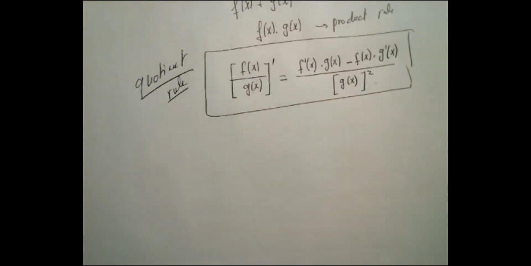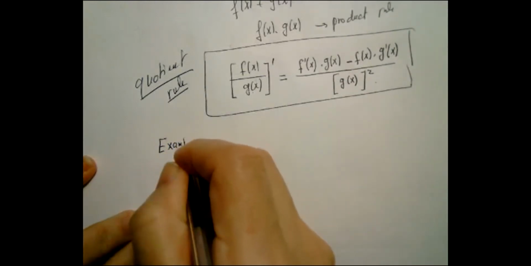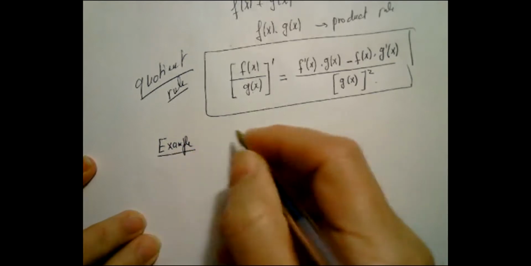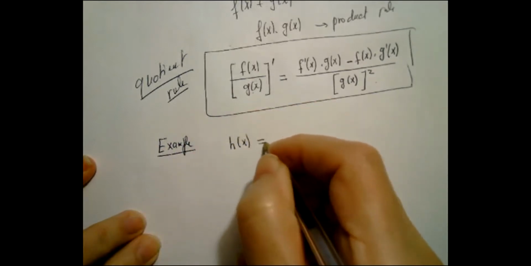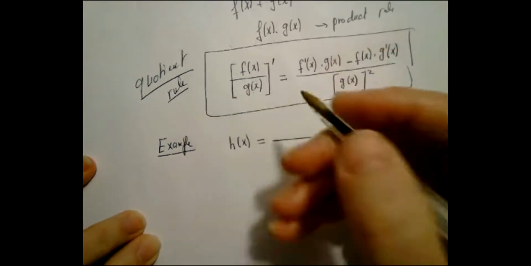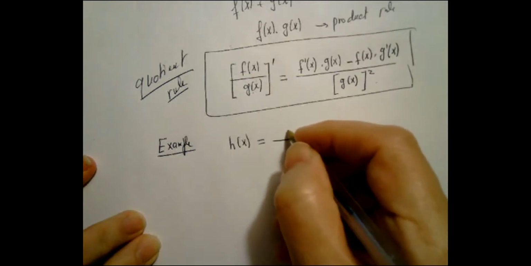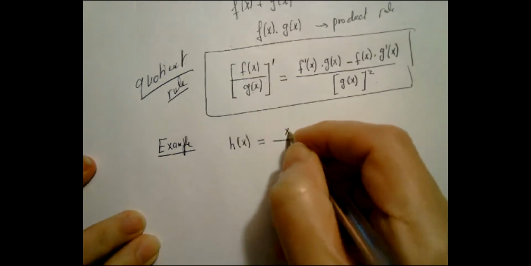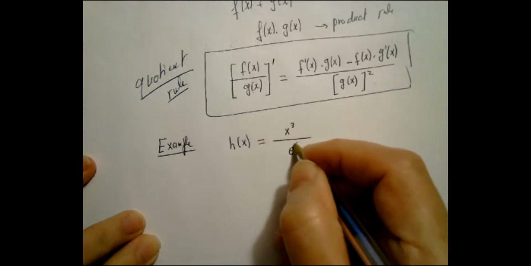We're going to apply it to one function. So for example, suppose I have a function, I'm going to call it h of x. And my h of x equals, I make up anything, suppose I take x cubed over e to the x.